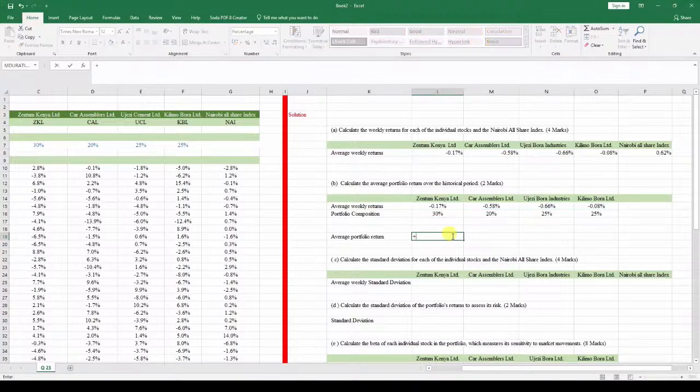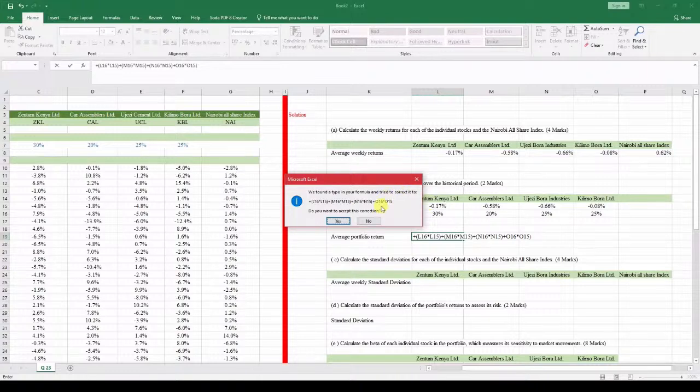Pick plus, we open the brackets, that value times the average weekly return plus that value times that value, close the bracket, the portfolio composition multiplied by the average weekly return, close the bracket, and then we add finally the portfolio composition for Kilimo Bora, and we multiply that with the average weekly returns, like that. Oops, that, close the brackets, and we enter.